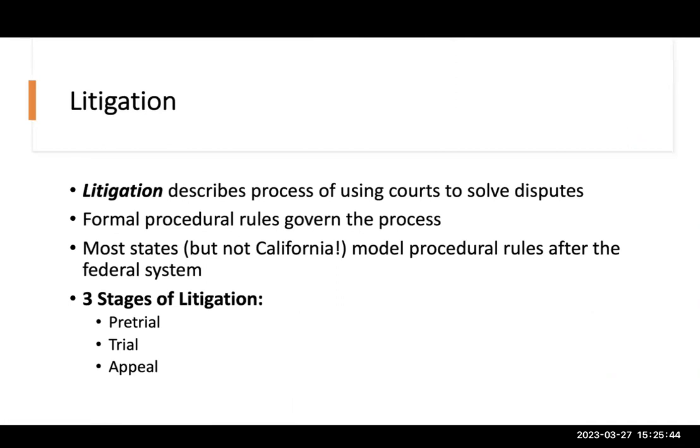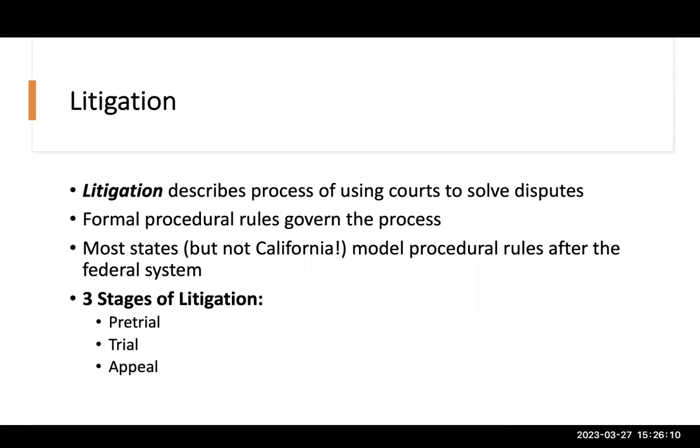Assuming that alternative dispute resolution does not solve a dispute, we end up in litigation. Litigation refers to the process of using the courts to resolve disputes. In California, the rules regarding litigation are generally contained in the California Code of Civil Procedure, abbreviated as CCP.